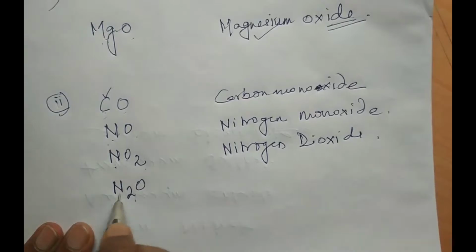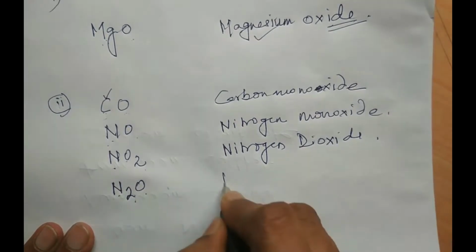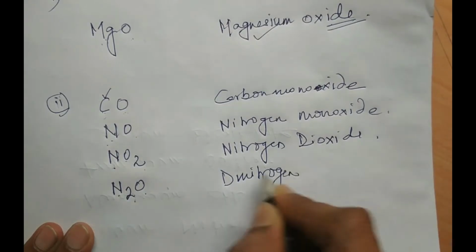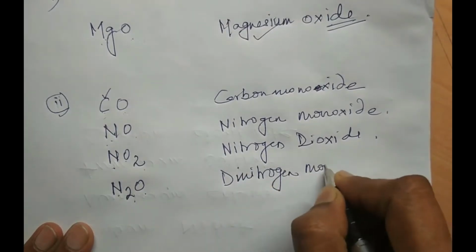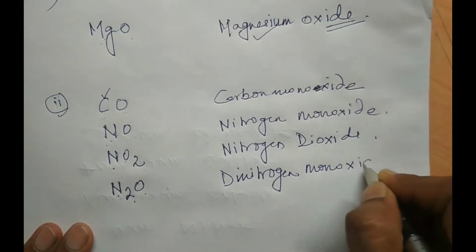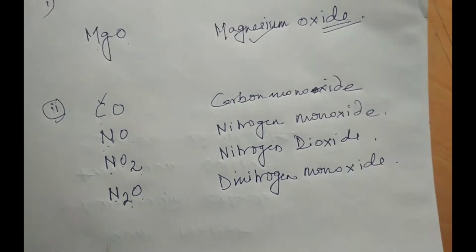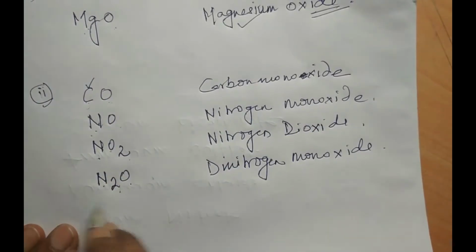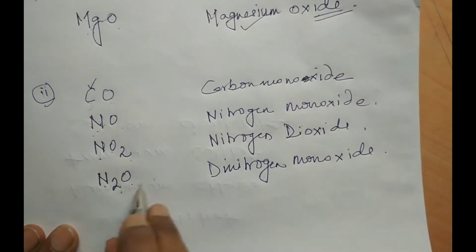Here nitrogen 2, but oxygen is 1. So it is dinitrogen monoxide. This is also known as nitrous oxide.